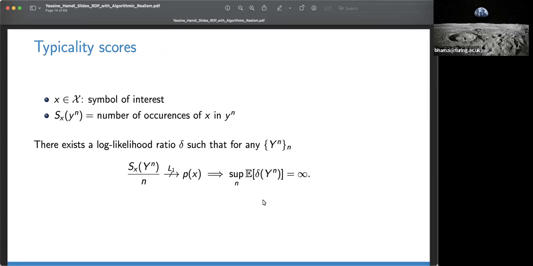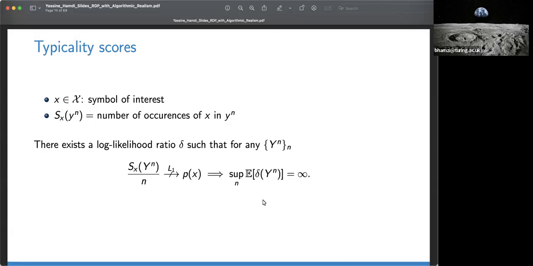So we want to compute the frequency of a pattern appearing in the sequence. X is a pattern of interest. Here it's a single symbol, but you can do it for any pattern of any length. S_X of Y^n is the number of occurrences of X in Y^n, and from the number of occurrences, we look at the frequency.